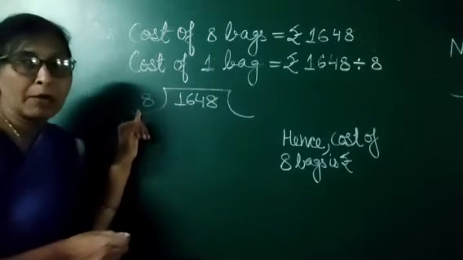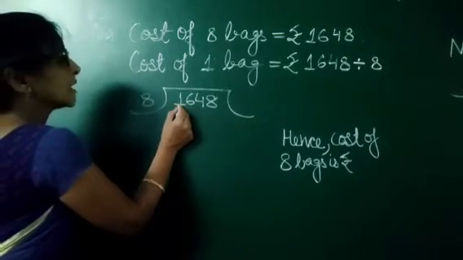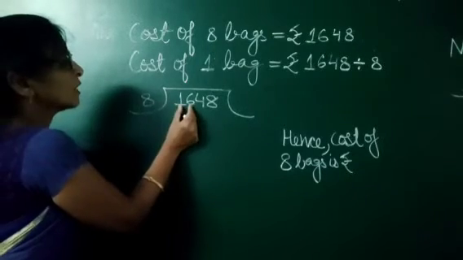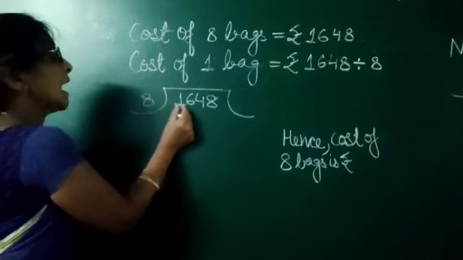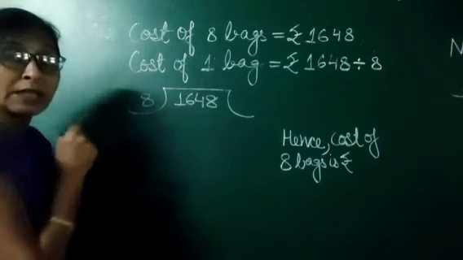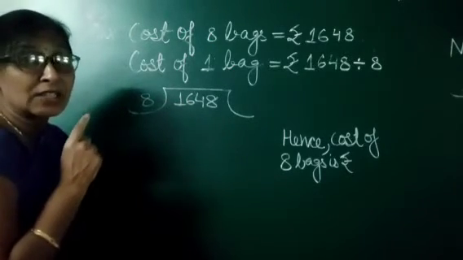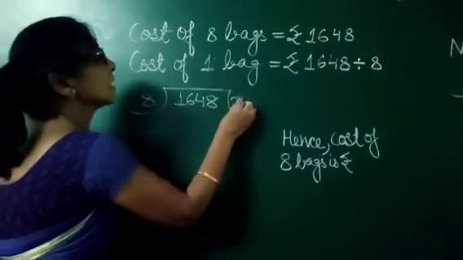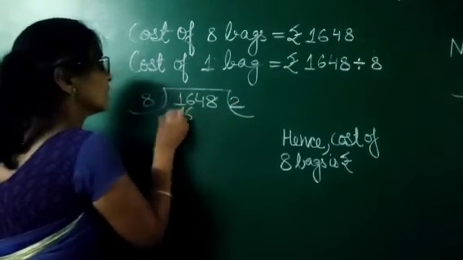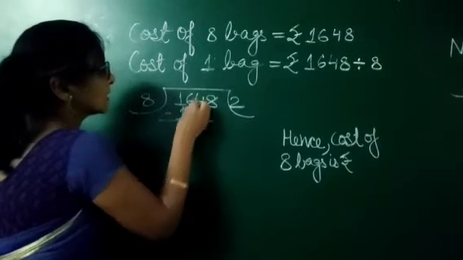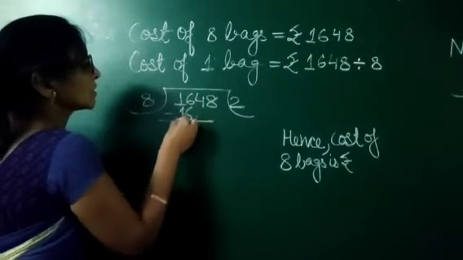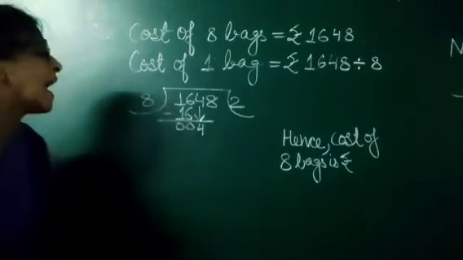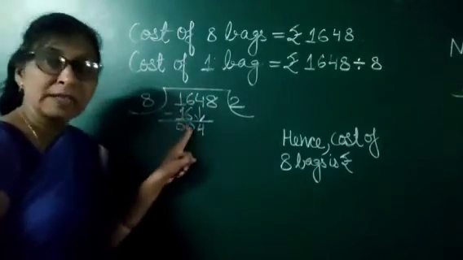We tell the table of 8. A single digit is very less than this number, so we take 2 digits. And 16, we know in the table of 8, 16 comes. How many times does it go? That is 8 2s are 16. We write 16 here and subtract it. This is 0 and this is also 0. So we write 4 here. At a time, only 1 digit we can write.